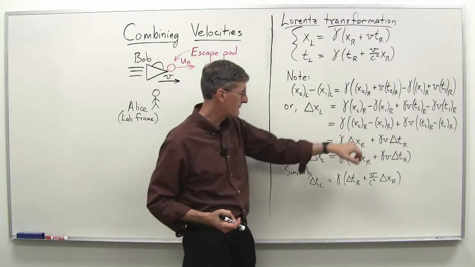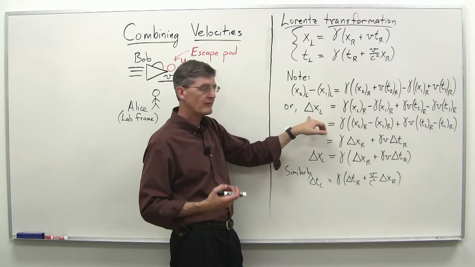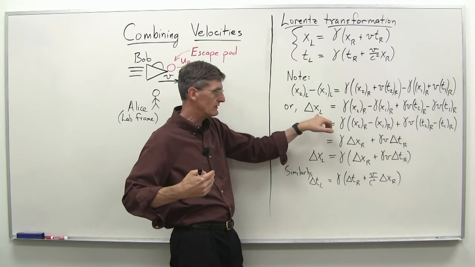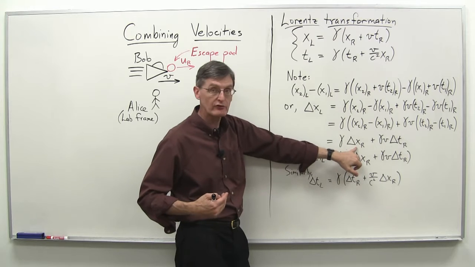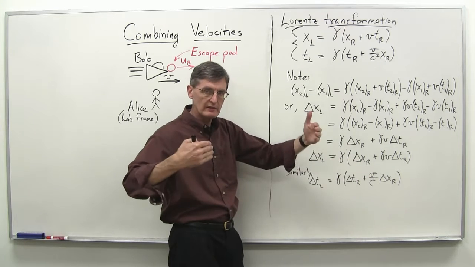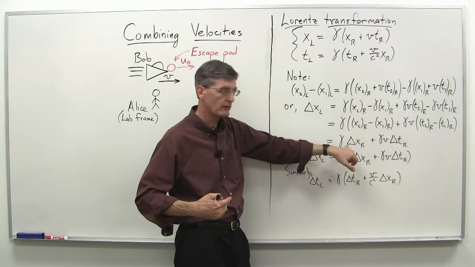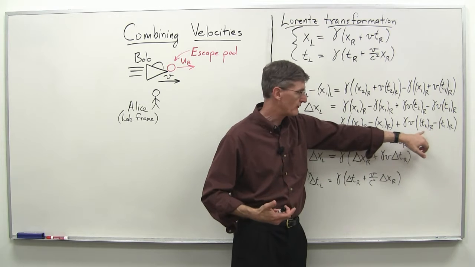In other words, x2 sub L minus x1 sub L, we'll call delta x sub L, the change in x in the lab frame. And here I've got the same thing, but it's delta x sub R, the x2 coordinate in the rocket frame minus the x1 coordinate in the rocket frame. And in this term, I've got the same or similar thing, but for time.